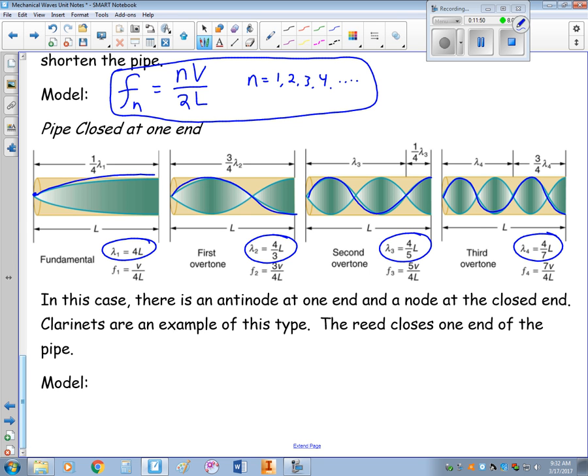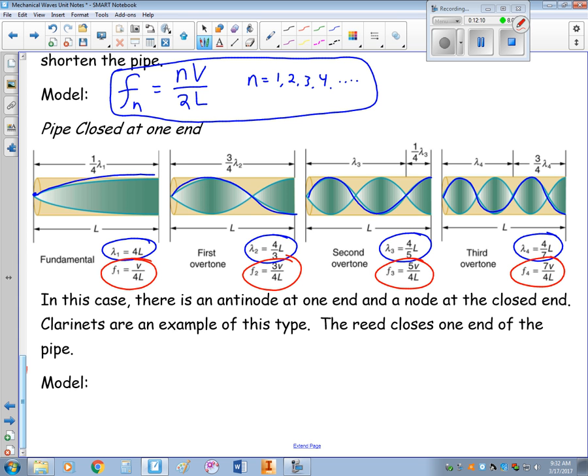So for the frequencies, I get V over 4L. The next one, I get 3V over 4L. The next one, I get 5V over 4L, 7V over 4L.